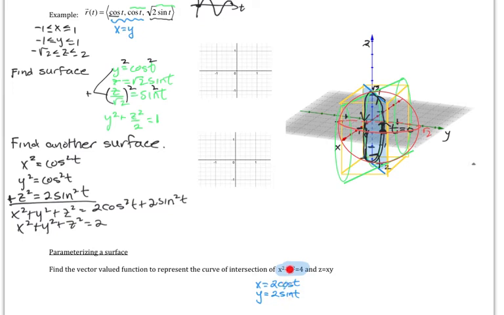So that satisfies that one. And now we have to satisfy this one over here. Well, we've already parameterized x and y. So z equals x times y is just going to be to multiply these two. So that's going to be 4 sine t cosine t.